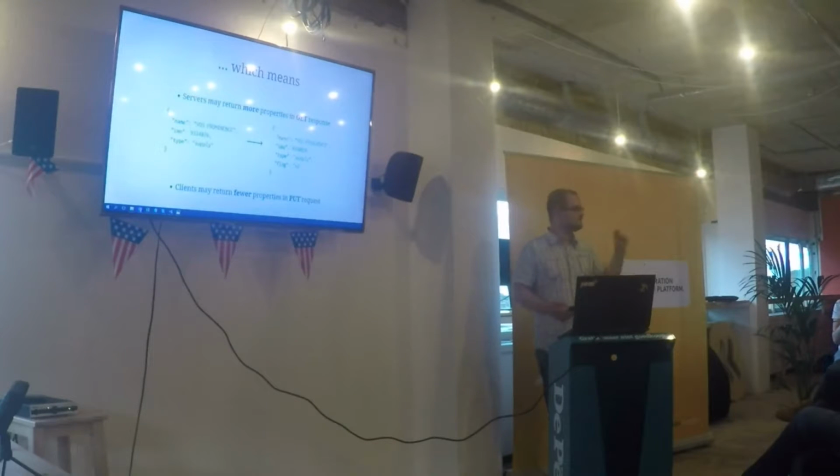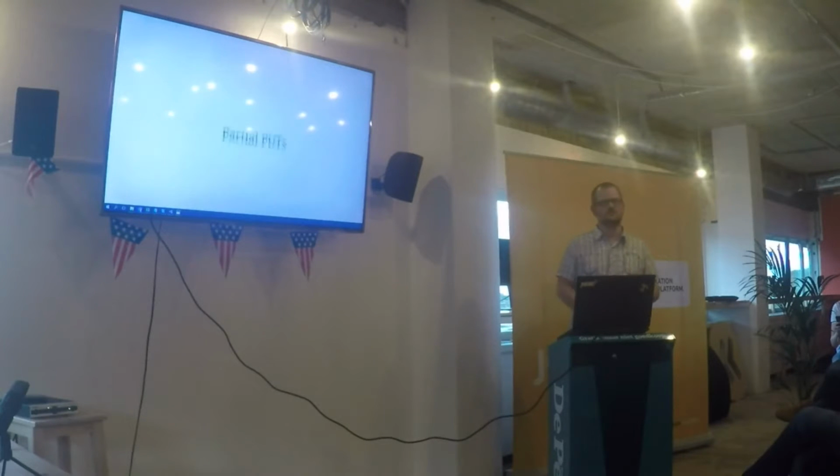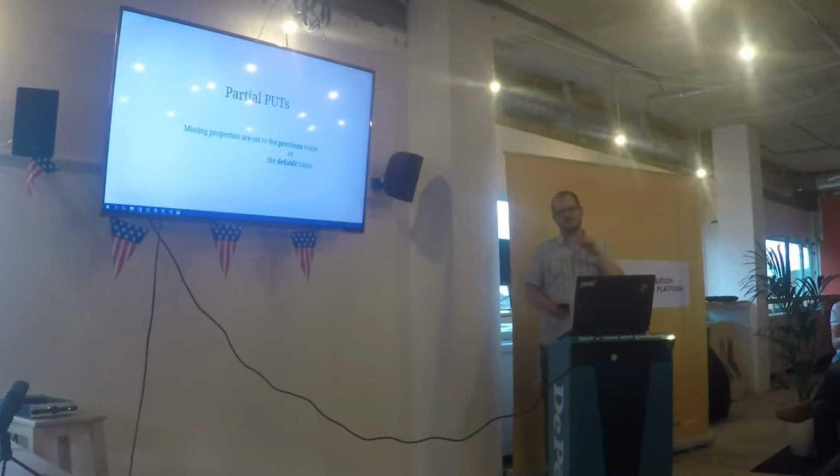It's not like PATCH where you modify something. So that brings us to what's called partial PUTs. And I'm afraid we won't avoid this. You need to specify whether to set missing properties to the previous value, which is my preference, or you set them to some kind of default value.